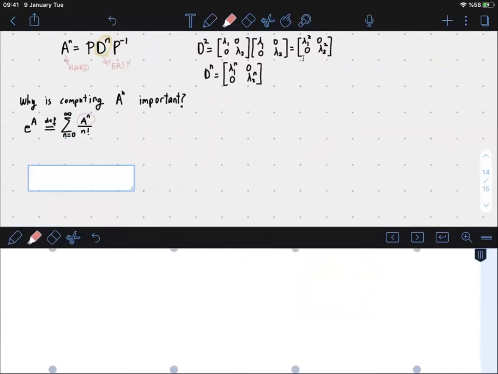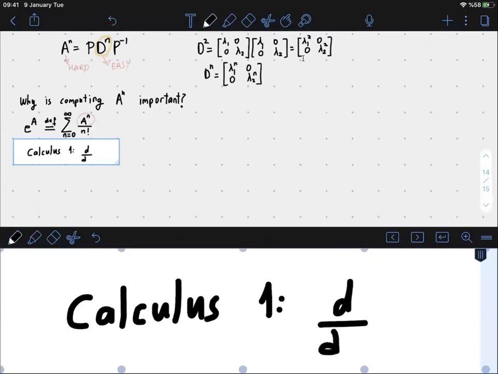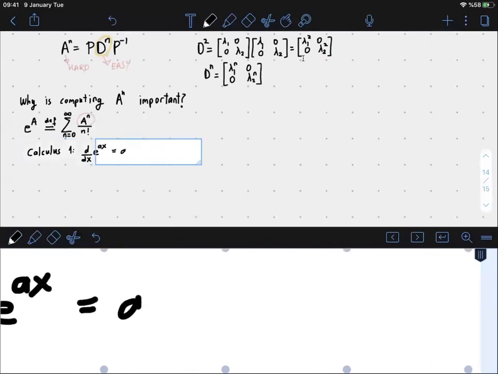So why is e to the power a important? Well, we know something from Calculus 1, so you have taken this class from me. Calculus 1 says if I take the derivative of e to the power ax, this is a times e to the power ax.